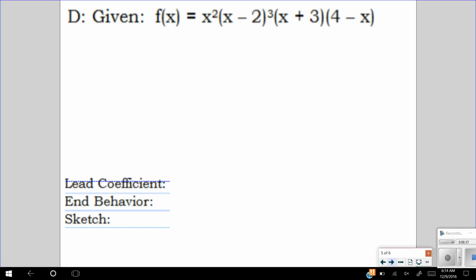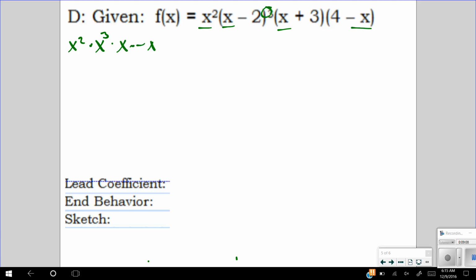And our last question, we want to do the same thing, identify the leading coefficient and behavior and sketch it. So first I am going to multiply together all my leading terms. In order to do that, I have an x squared times an x times an x. Actually, this was an x cubed. And times a -x.